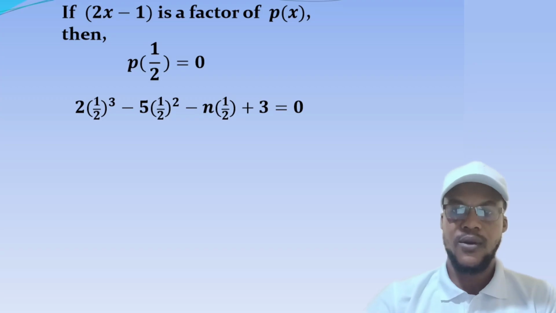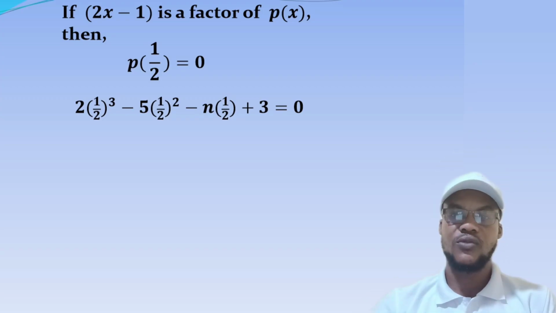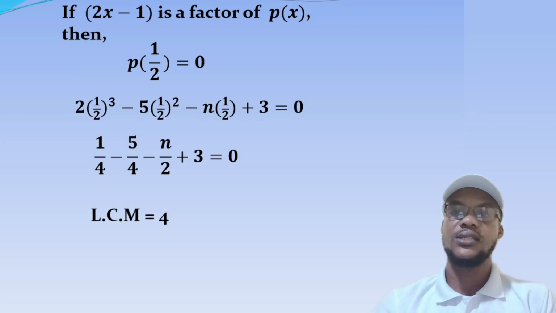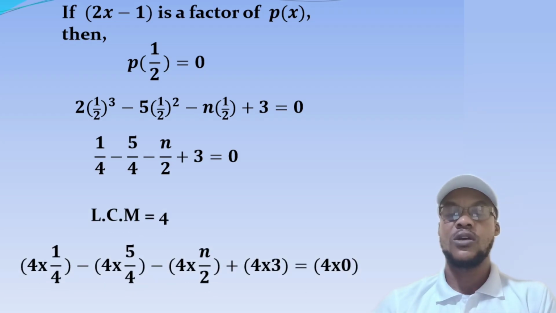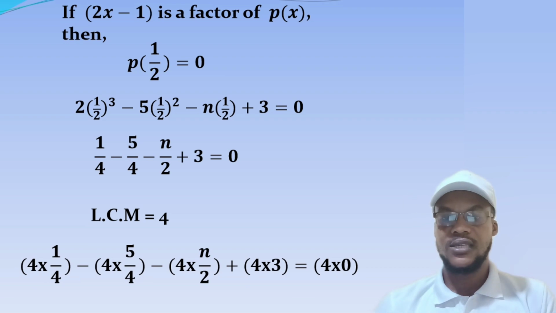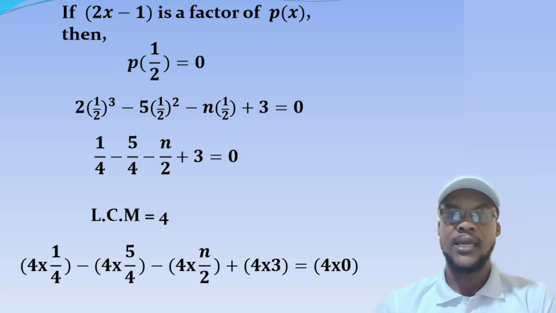In that case we are going to get 1 on 4 minus 5 on 4 minus n on 2 plus 3 is equal to 0. And we have our LCM, which is equal to 4. When you have fractions like this, you need to find the LCM. Once you are able to find the LCM, you multiply through by the LCM, which is 4.